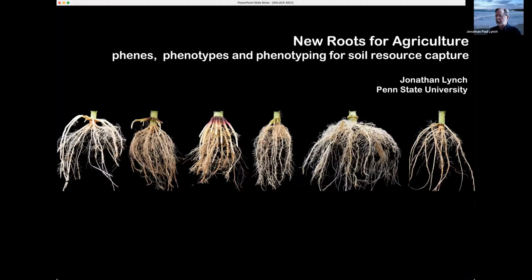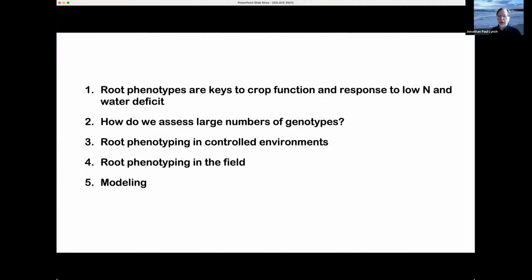So as Xavier mentioned, this is a very brief overview of some of the themes of your meeting today. Xavier told me to address these 5 points. Now, each of these points is important and complicated and worthy of much discussion.